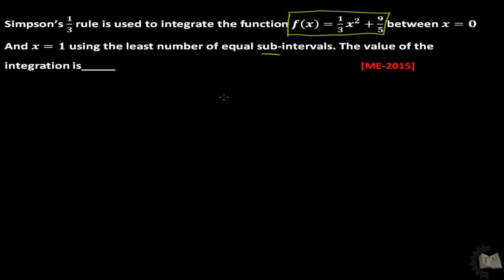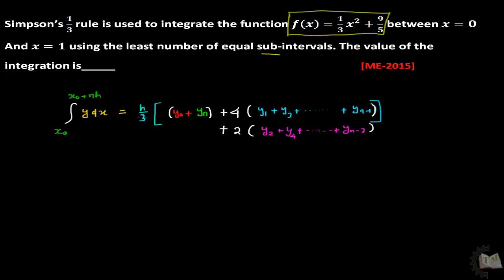Before calculating this value, first write down the formula for Simpson's 1/3 rule. It is the same as the trapezoidal rule which I have described before. x0 is the lower limit here.